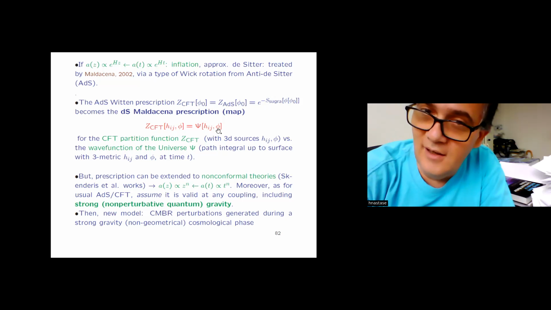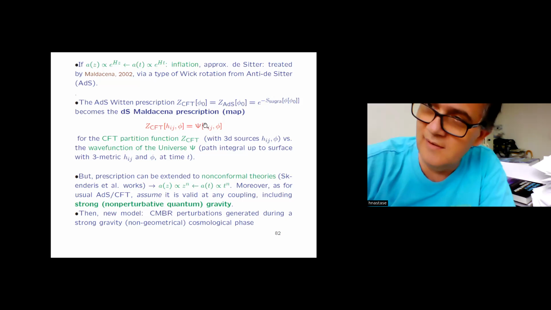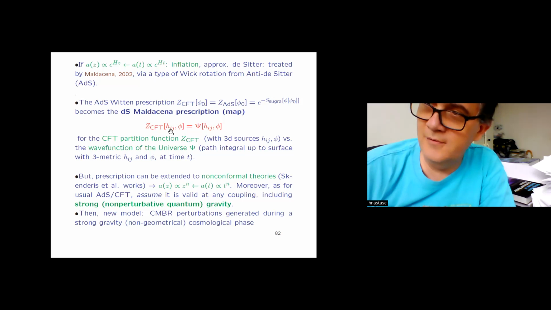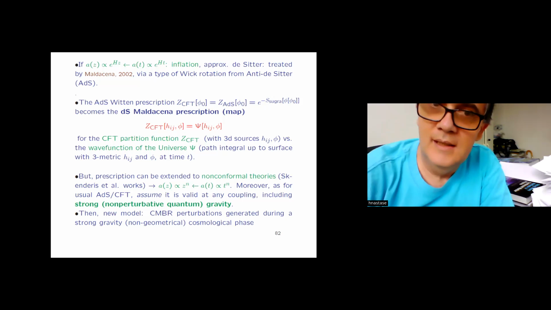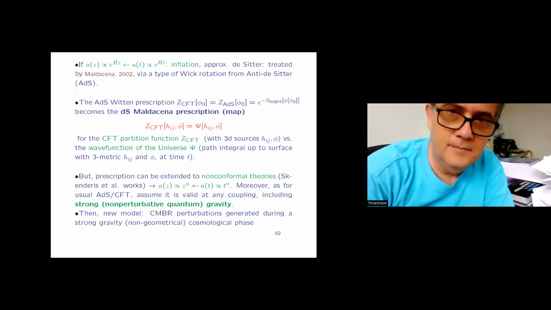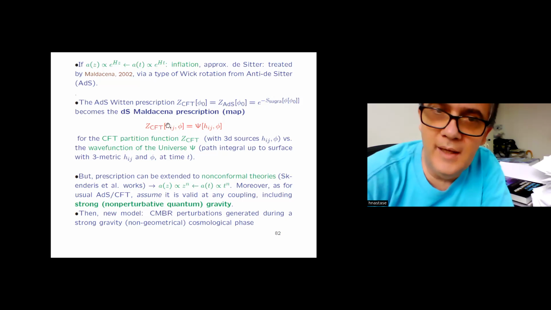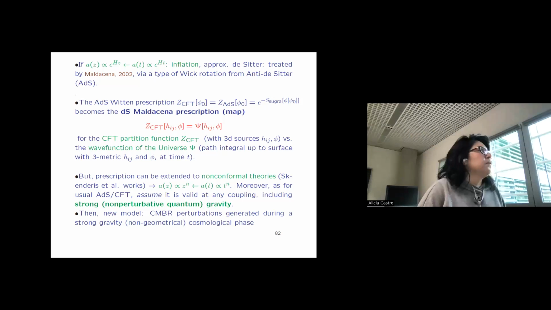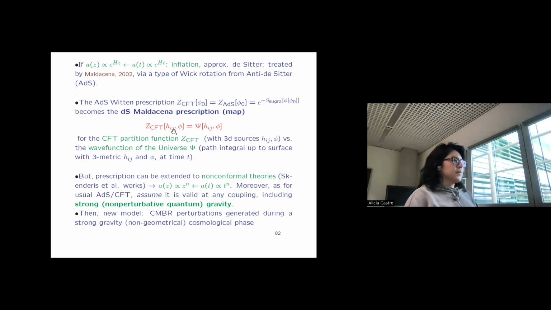So H_ij on the cosmology side is a boundary source, but the boundary source on the field theory side corresponds to a source for an operator, right? So H_ij here is a source. It's just some numbers. It's not part of the theory.